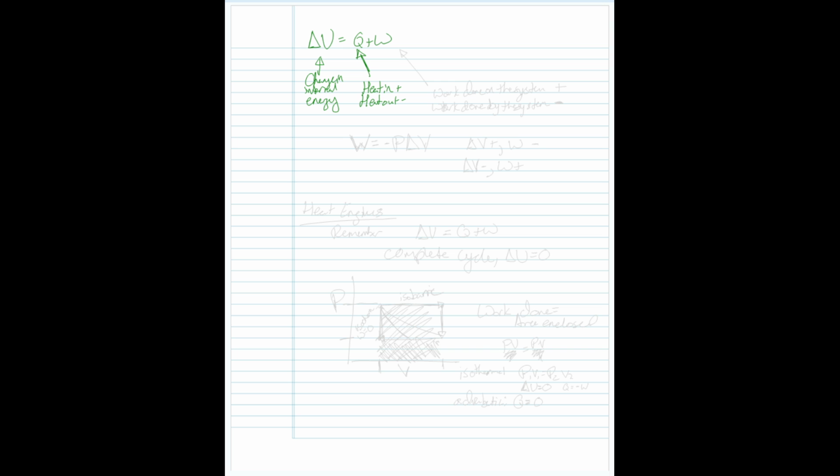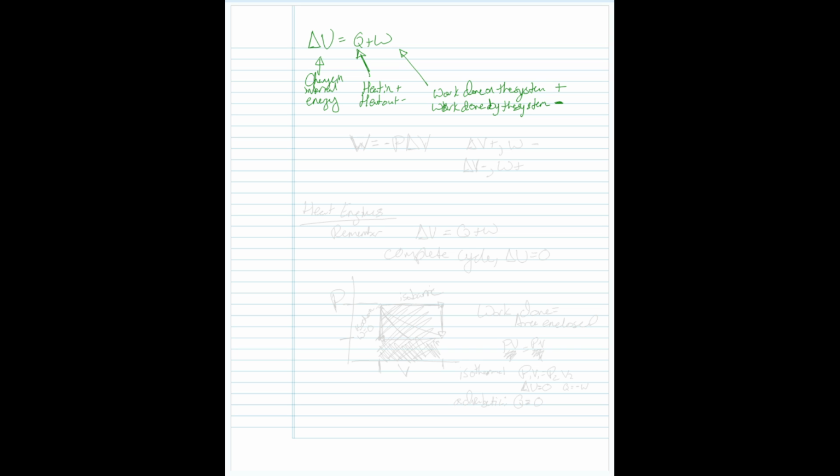And W is where this equation can be a little obnoxious. This is work. If the work is done on the system, it is positive. We are putting energy into the system. If the system does work, work done by the system, it's going to be negative.